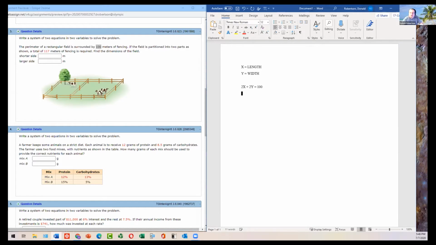Great. Okay. Now, the second one's a bit trickier, but it is possible to figure out. If you count all the fencing in this picture, that means the outside, but also this little piece in the middle. Now, remember, this distance is x, and these distances are y's. Can you see that you get a similar looking, but not the same as 2x plus 2y, right? It's not quite the same. It would be 2x, but how many y?